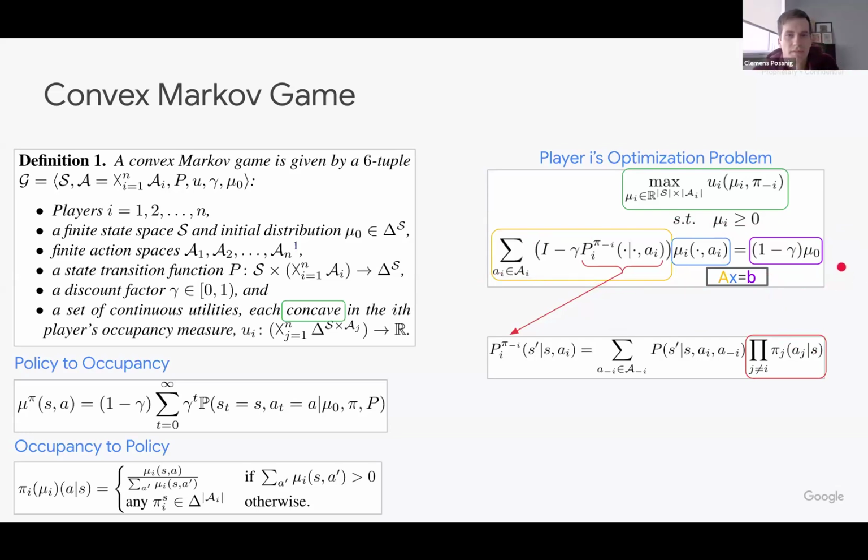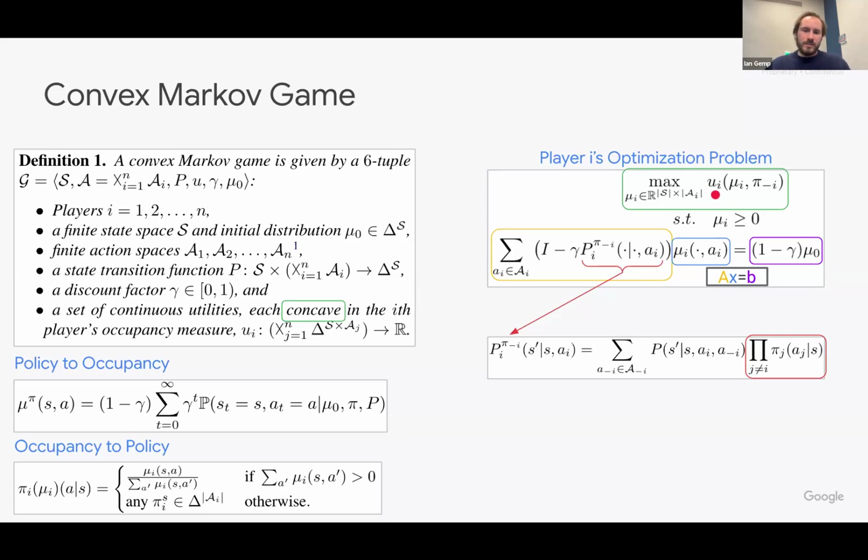Ian? Yeah, one question. Are players choosing pure actions here, or can they choose mixed actions? They can choose mixed. Okay. I was just thinking that for the max over mu, you can achieve any mu with a mixed strategy, but not necessarily with a pure one. Yes, that's a great point.